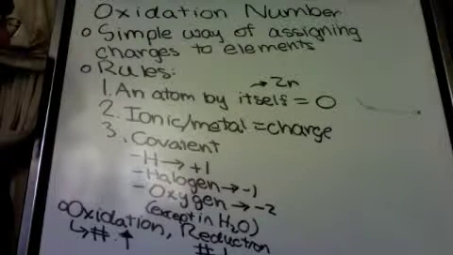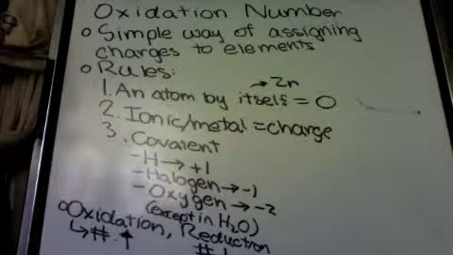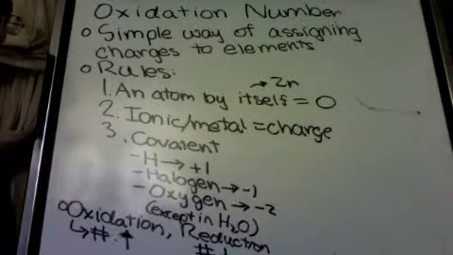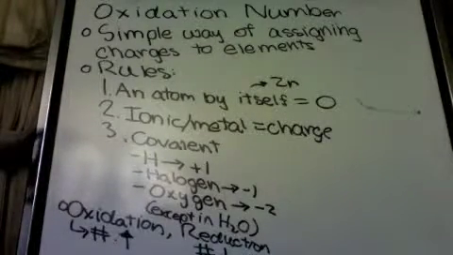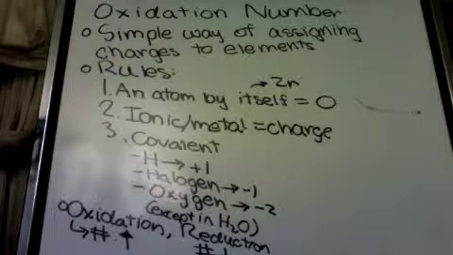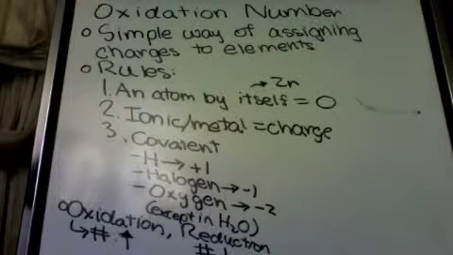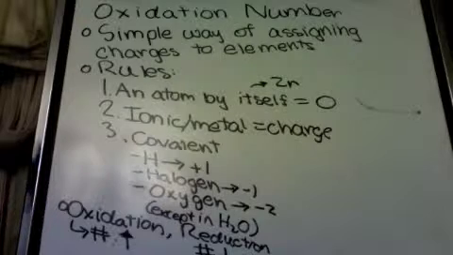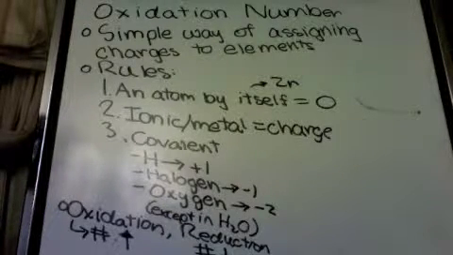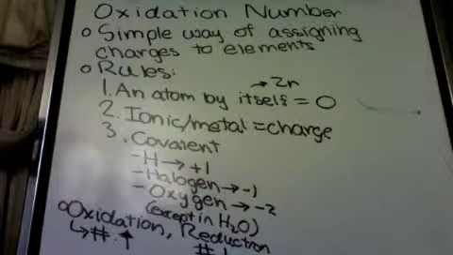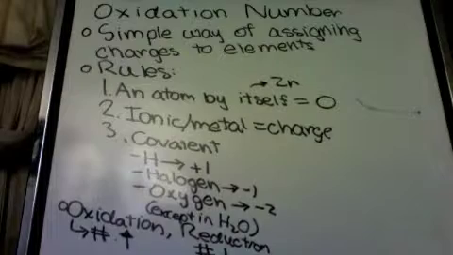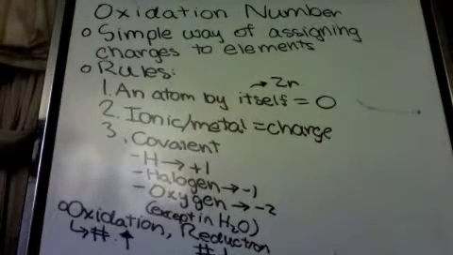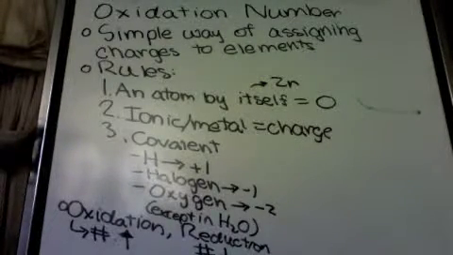The second rule is that ionic metals will equal their charge number, and you sometimes may have to figure it out based on the compound that it's in. And then finally, for covalent compounds, hydrogen will always be +1, halogens -1, oxygen will be -2 except in H2O.